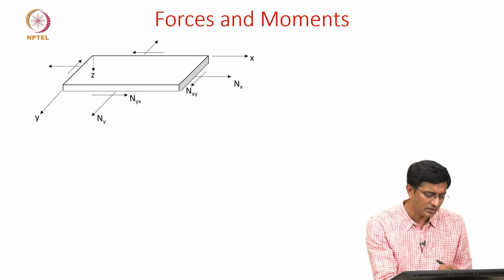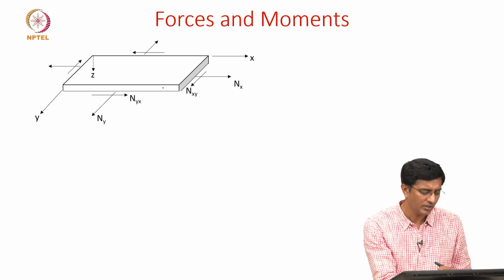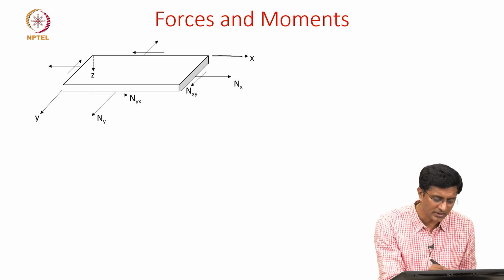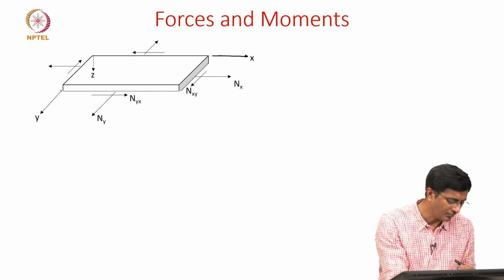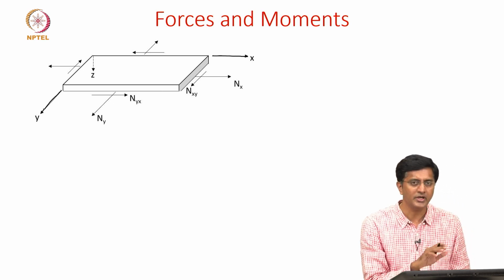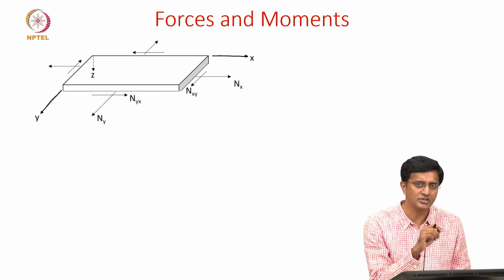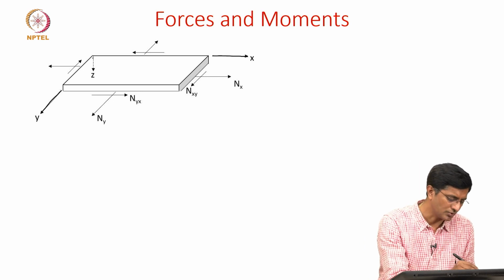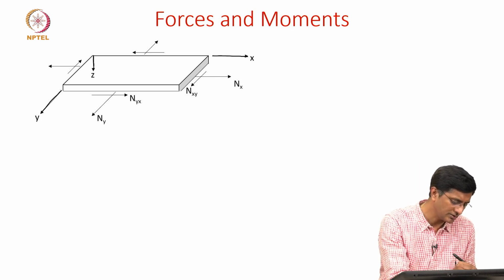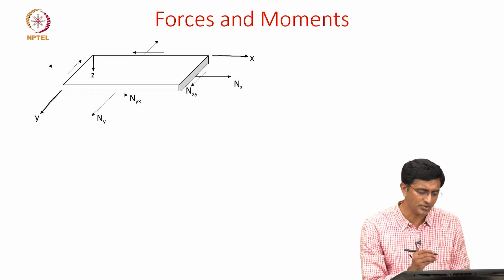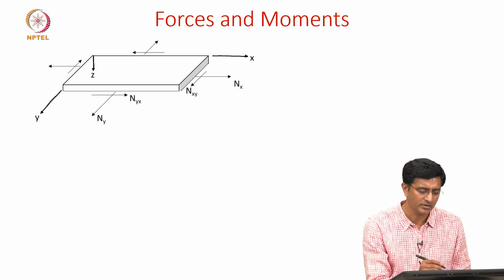So let's consider a planar laminate, in this direction of x and y. So it is on the xy plane, and we previously mentioned that the z direction going downwards is positive. So here is the z axis which is going downwards. Now let's focus on the forces which are applied in plane.